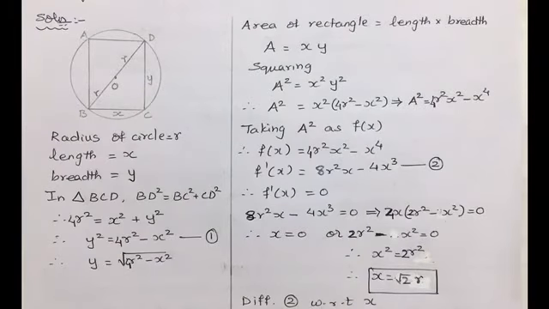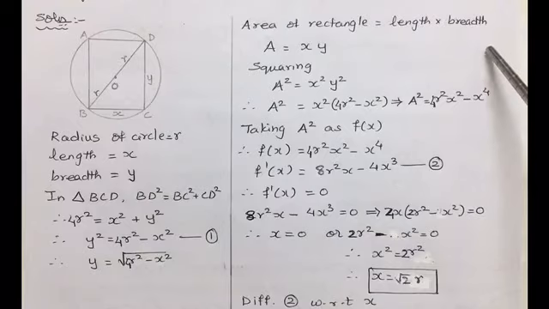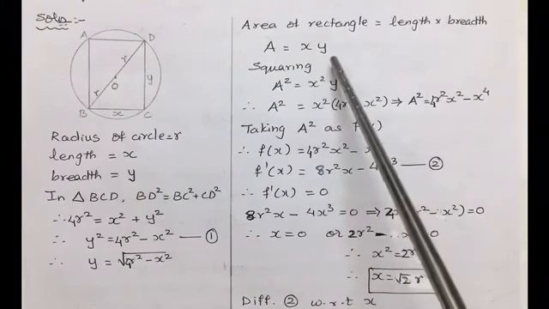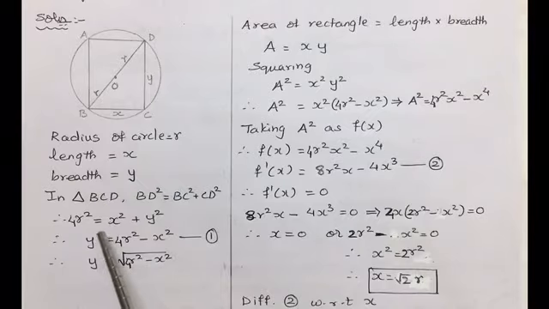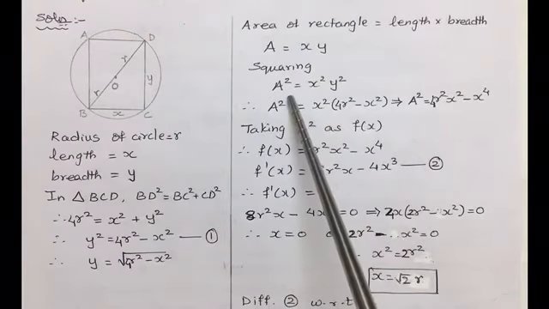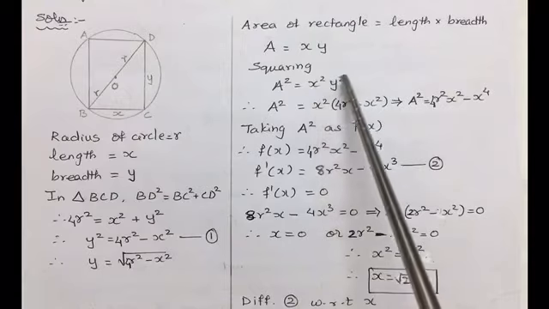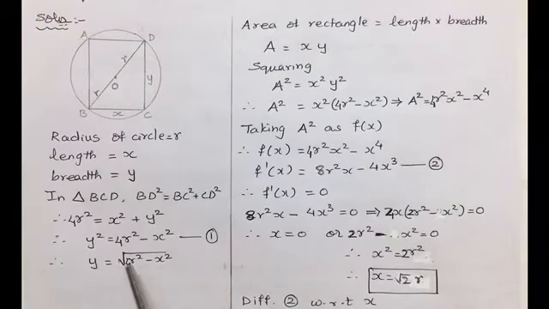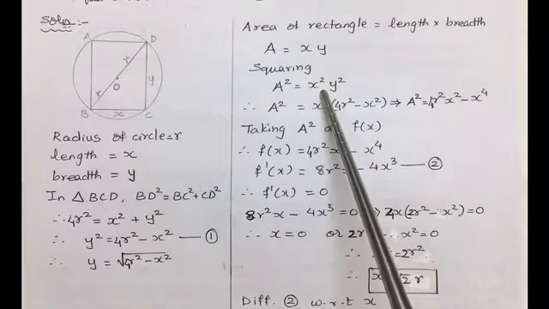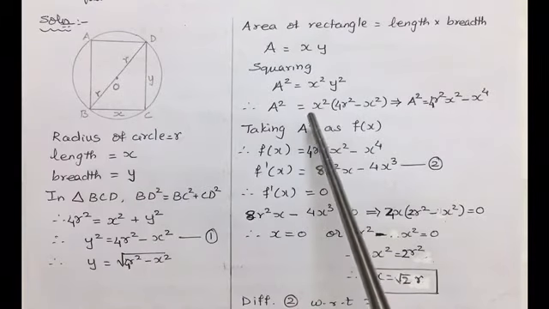Now as we have to maximize the area of the rectangle, we will take the area as length into breadth, so it is x into y. Now as y is under a root here, we will square the area formula so that we don't have to take the root part. To remove this root calculation, we will square both sides of the area formula.